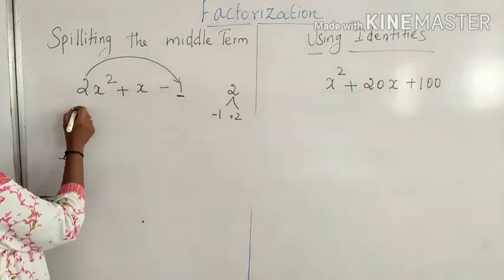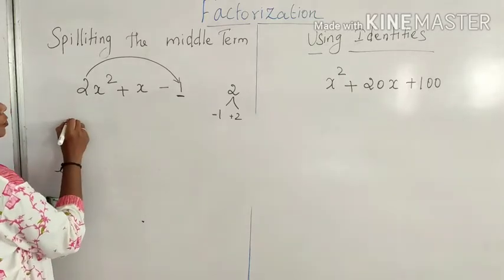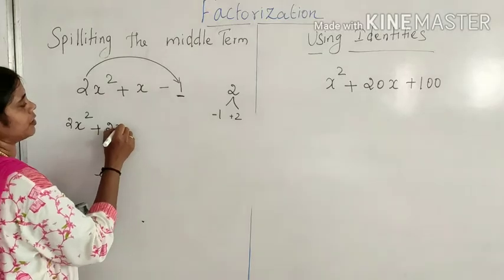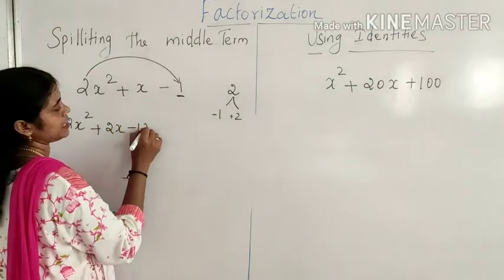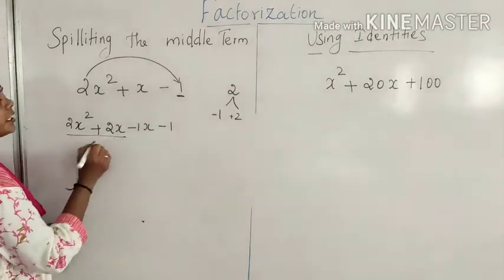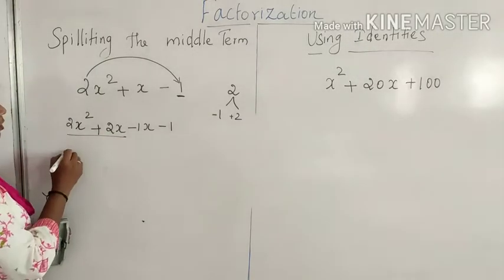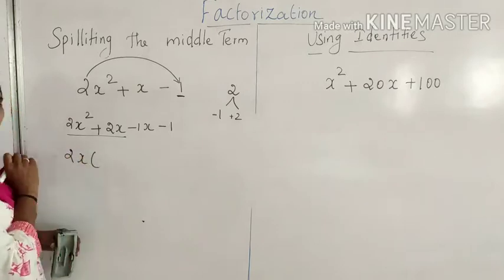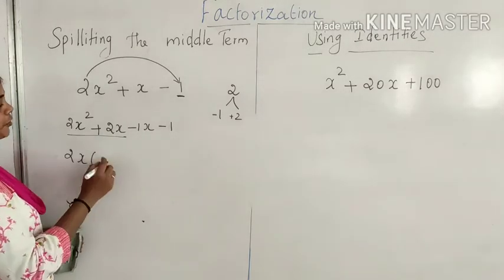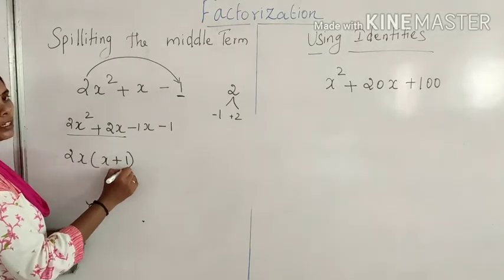Now we can split this term. So 2x squared plus 2x minus 1x minus 1. Here you have to take a common term. When you take the common term, 2x is common because of 2x squared. So 2x is common, and what is left is x plus 1.